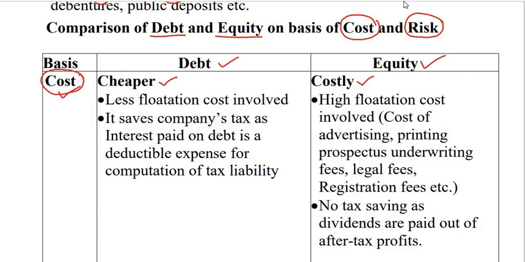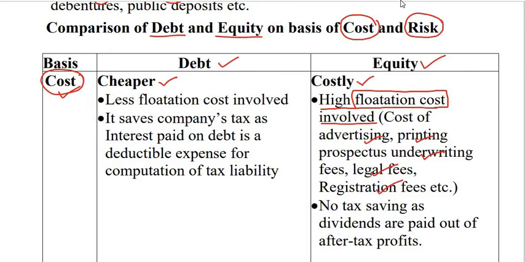And the reason for this is, let us first see about equity. Why equity is costly? Equity is costly because it involves high flotation cost. Now what do you mean by flotation cost? It is a cost of issuing securities in the market or floating shares in the market. There are a lot of flotation costs involved, like cost of advertising, printing prospectus, underwriting fee, legal fee, registration fee.